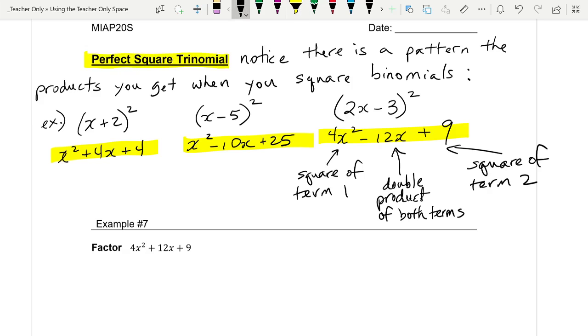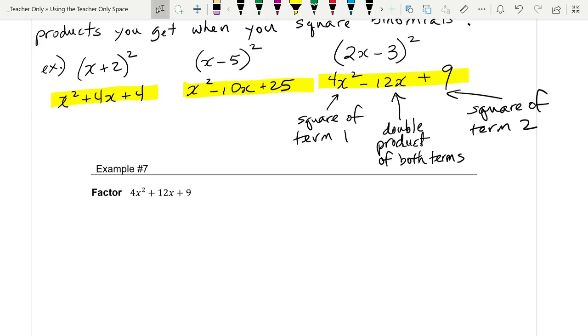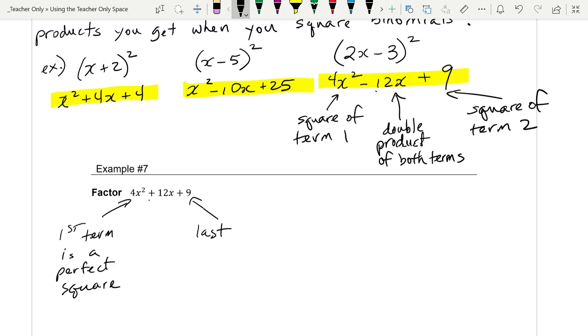And I recognize them because what's different about this one is that it's got a plus instead of a minus, but big deal. If I look at this, the first term is a perfect square. Right? My last term is a perfect square.